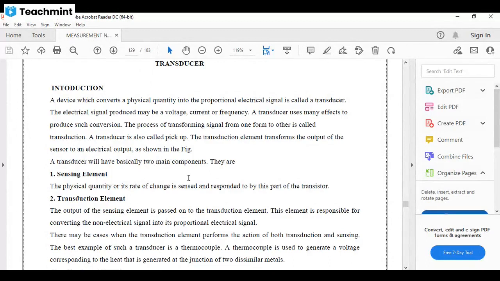I gave the explanation of different types of transducer: primary transducer, secondary transducer, active transducer, passive transducer, analog transducer, and digital transducer. Okay, and also discussed the strain gauge and LVDT. Mostly LVDT and strain gauge.